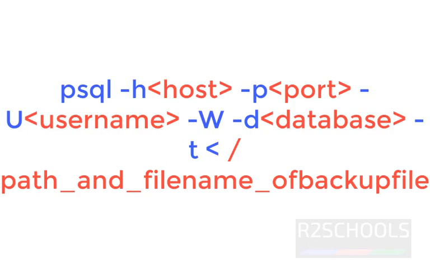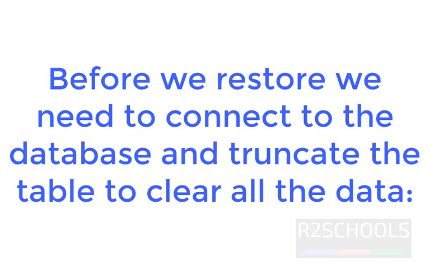To restore table data from the backup, use the command psql -h, -p, -U, -w, -d, -t, then the less than symbol and the full path and file name. Before we restore, we need to connect to the database and truncate the table to clear all the data.